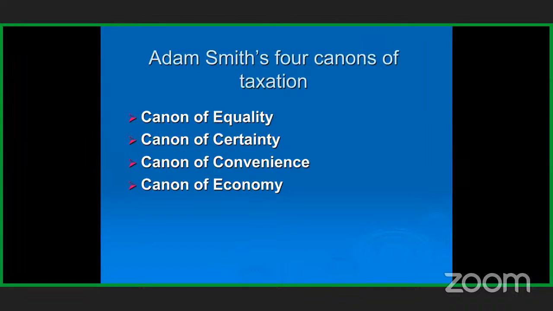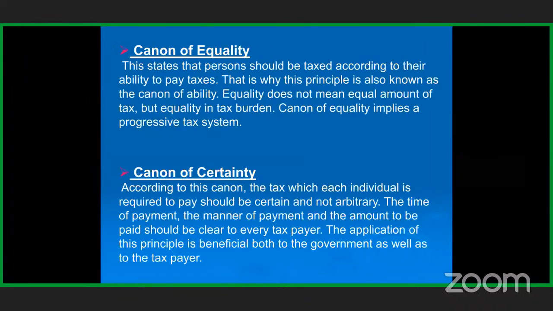But the tax should be minimal and the cost of collection of tax should be lower than the revenue earned by the government from the tax collection. These are the 4 canons of taxation which were developed by Adam Smith.